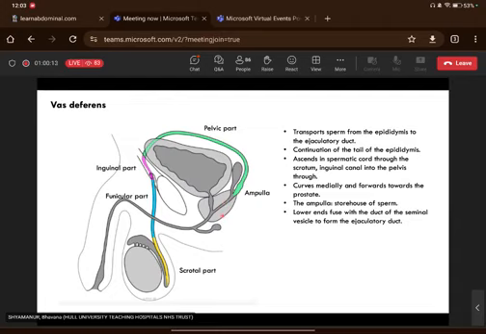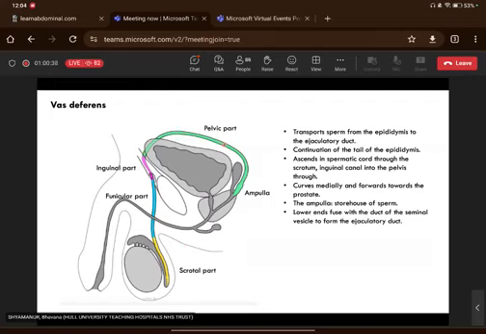So the vas deferens or ductus deferens, both synonyms, starts as a continuation of the tail of the epididymis, and as it ascends up the scrotum, that is the funicular part. The inguinal part runs through the inguinal ligament, and once it enters the pelvis, it runs backwards and medially.